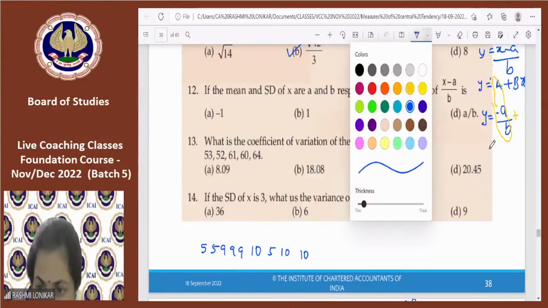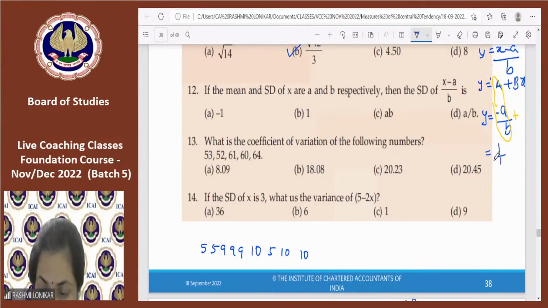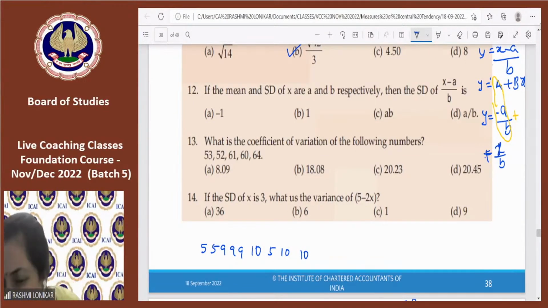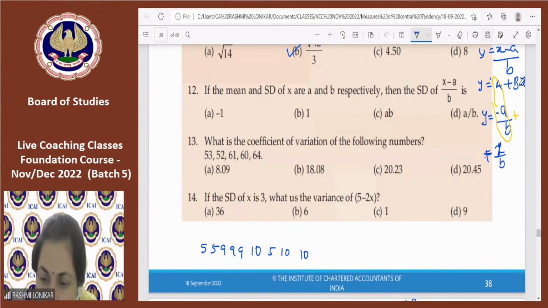B will be 1 upon b, which is plus 1 upon b into x. So therefore the standard deviation of y will be equal to 1 upon b times the standard deviation of x.